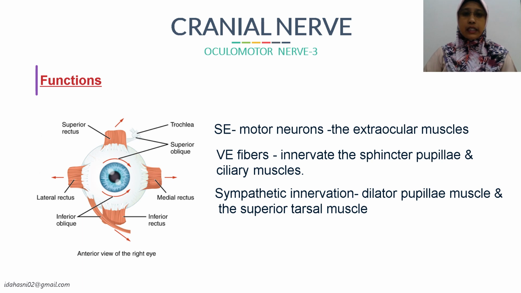Meanwhile, the visceral efferent fibers in the oculomotor nerve innervate the sphincter pupillae and ciliary muscles. The sympathetic fibers of this nerve innervate the dilator pupillae muscles and the superior tarsal muscles.